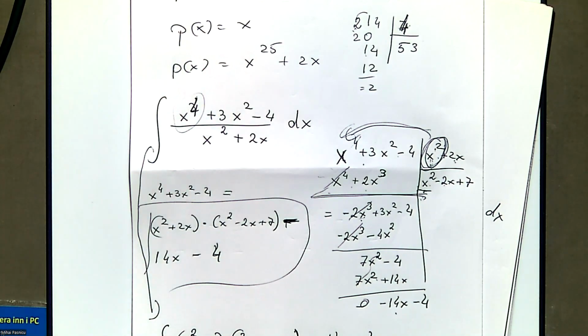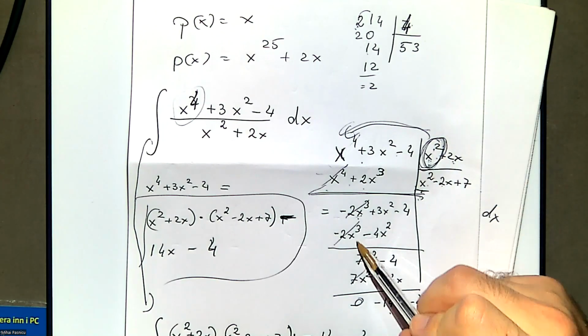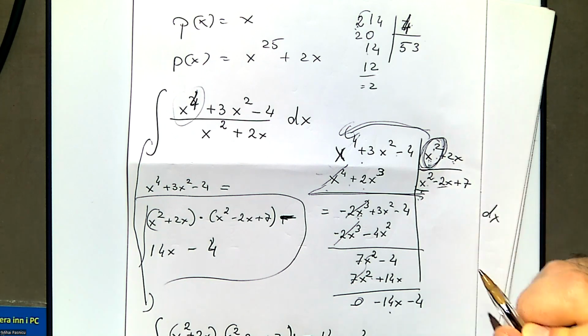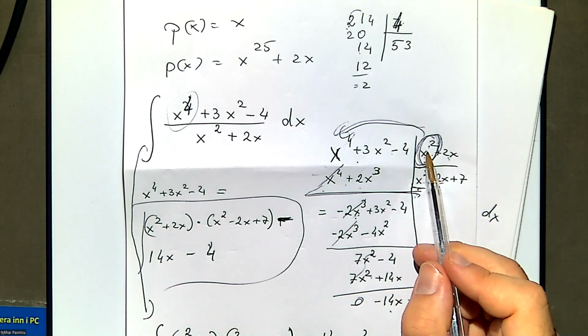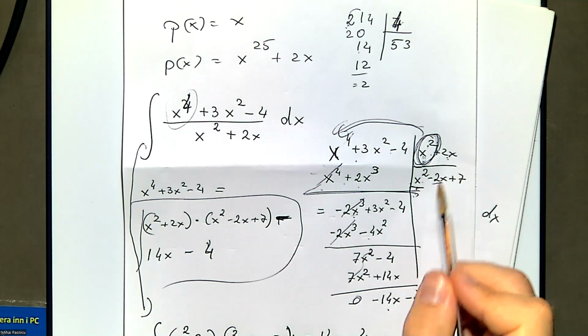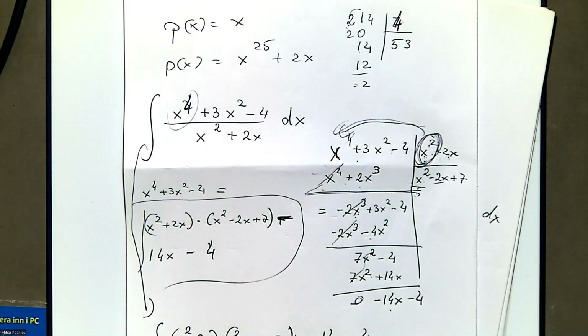Now I'm asking, how many times does x squared fit into minus 2x to the third? It's minus 2x. Multiply minus 2x with this x squared, minus 2x to the third, minus 4x squared, subtract, get this, repeat, and go over again.